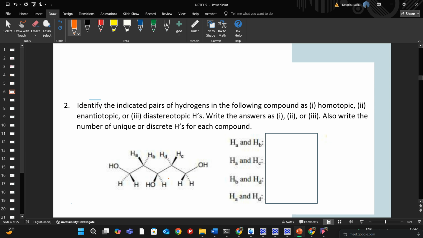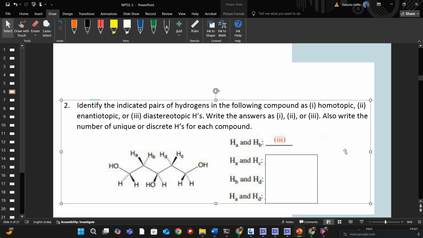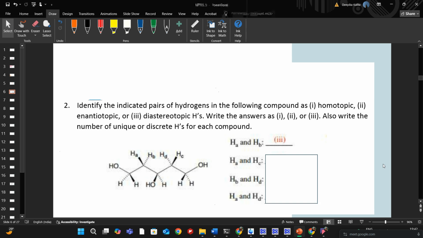Hence, these two protons are not present in the same chemical environment, and that is why, by definition, HA and HB will be diastereotopic protons. Next, we have been asked about HA and HC.